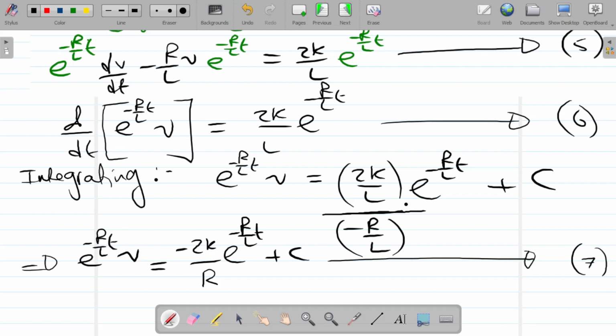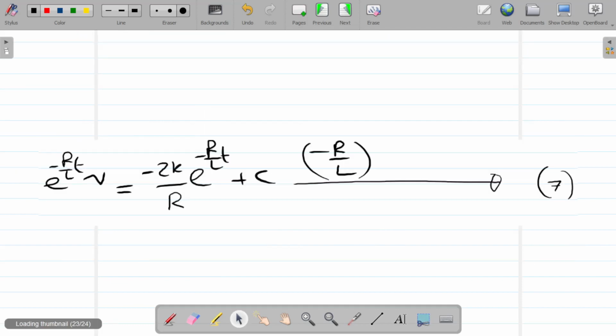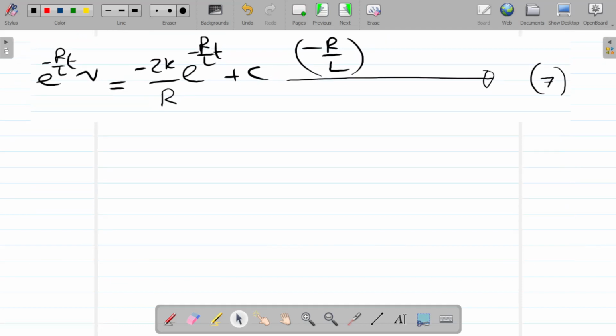Right. I'm going to have to cut and paste again. You just have to ignore that there. That's not part of the equation. That's from the line above, as you should remember.